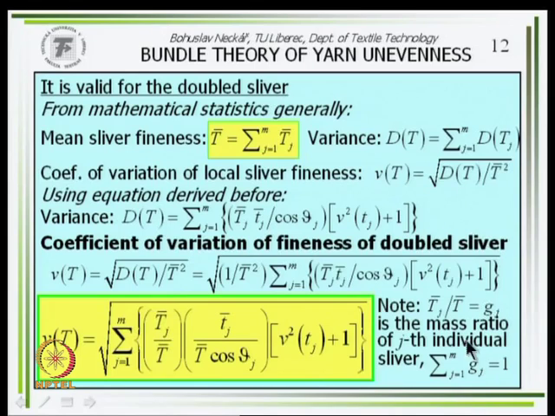Let's remember that the ratio Tj bar by T bar is Gj, the mass ratio of the j-th individual sliver in the whole sliver.